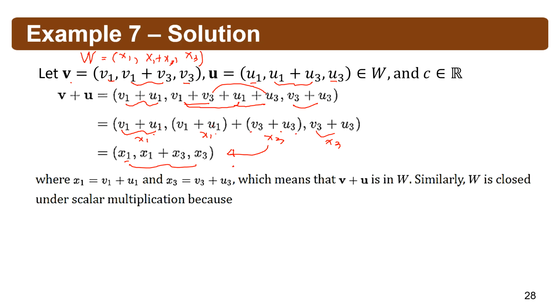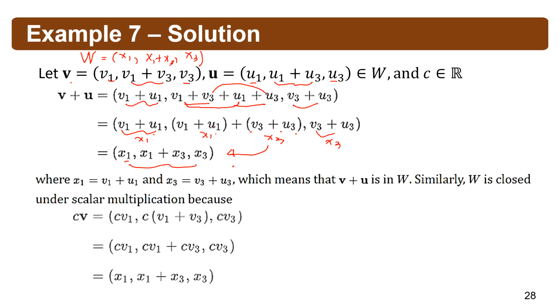What about scalar multiplication? So, let's have our C. I can multiply that C. So we have CV1, CV1 plus V3. So I use the V, and then CV sub 3. All right.